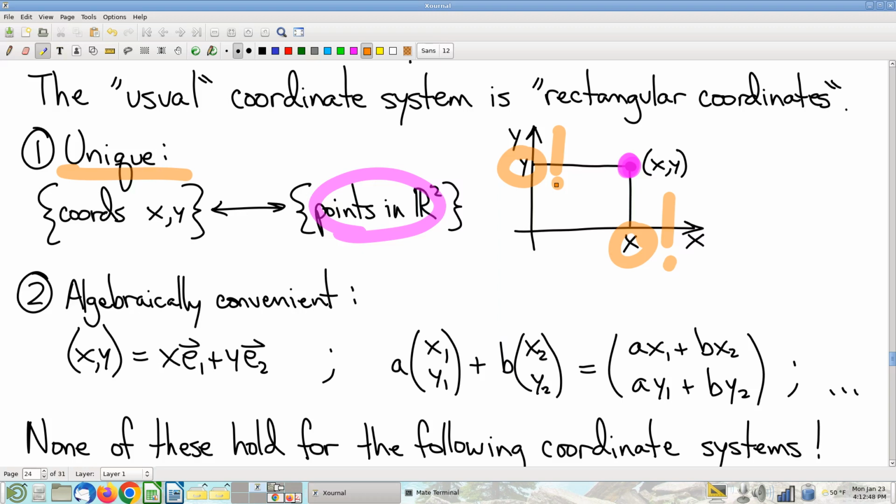This is what I mean by saying rectangular coordinates are unique. Bad news, all of the other coordinate systems we're going to talk about in this section don't have this property. So this is a luxury of rectangular coordinates that we're going to have to get used to doing without. Okay, and examples to follow.